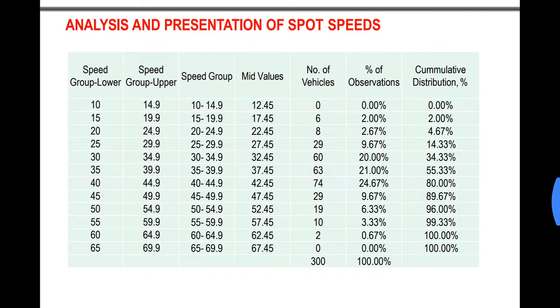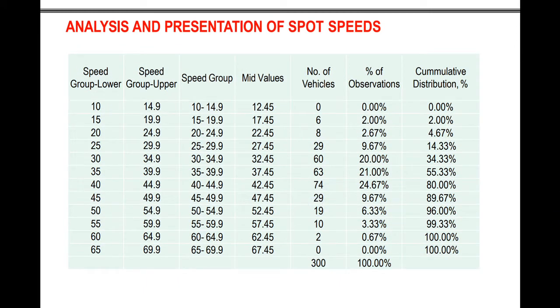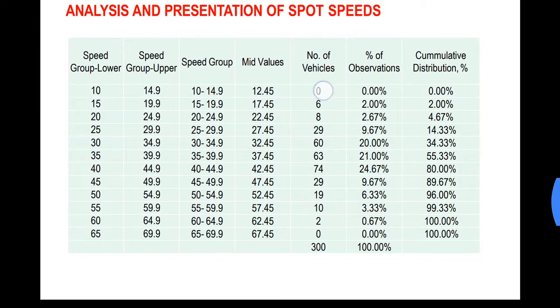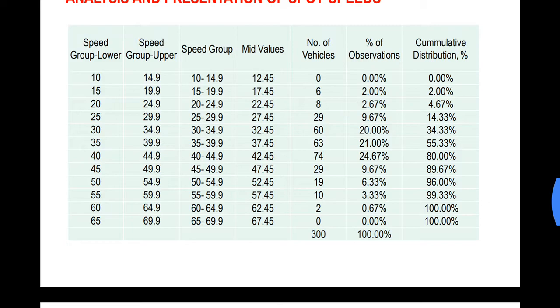Now what we recorded during the spot speed studies are the numbers of vehicles which were traveling at these speeds. So at this mid speed there are 0 vehicles, at this speed there are 6, 8, and so on.